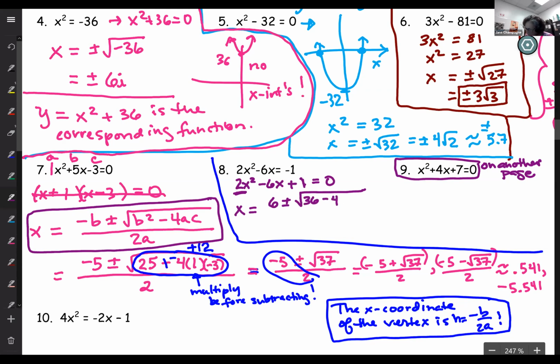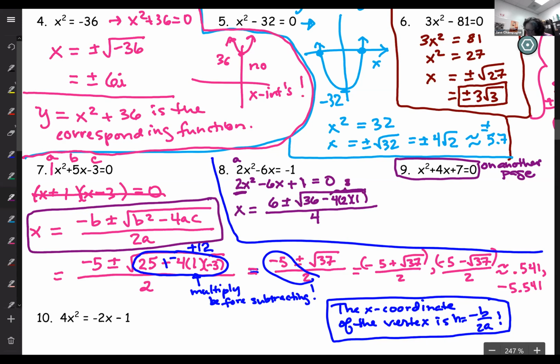Minus 4 times a times c. Here I always put parentheses in because I want to be careful about signs, but it looks like they're all positive here. So again, you've got to do that multiplication first. This is all over 2a. Since a is 2, 2a is 4. Okay, 4 times 2 times 1 is 8.